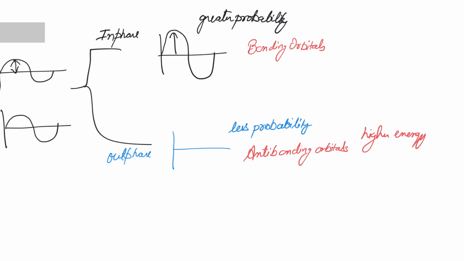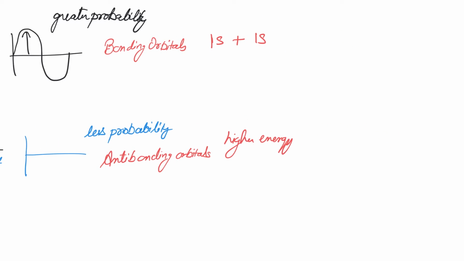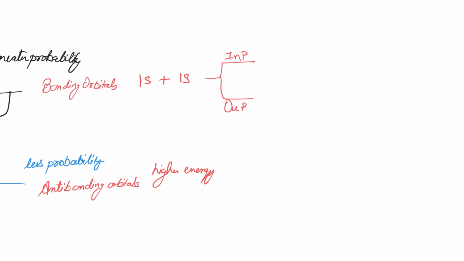So let's say two 1s orbitals combine. They may interact in phase, or they may interact out of phase. When they interact in phase, they form bonding orbitals, and out of phase, anti-bonding orbitals. So I'll write sigma 1s to represent the bonding orbital.